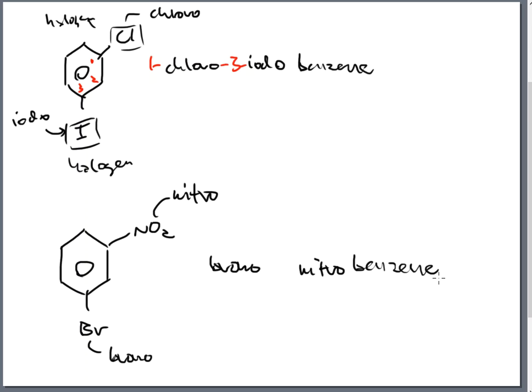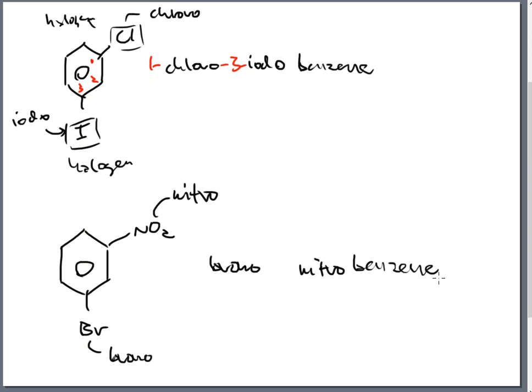Now, both of these are not halogens. Bromine is a halogen, but nitro is not. So does that mean the rules that we used before with IUPAC, that if halogens are there, give them the lowest number possible, but if something else is on there, give it the priority over the halogen?